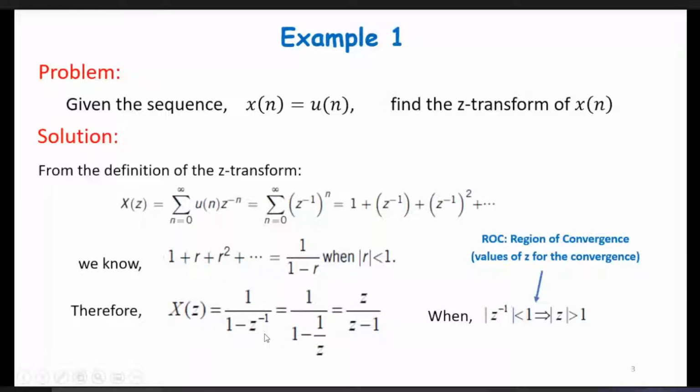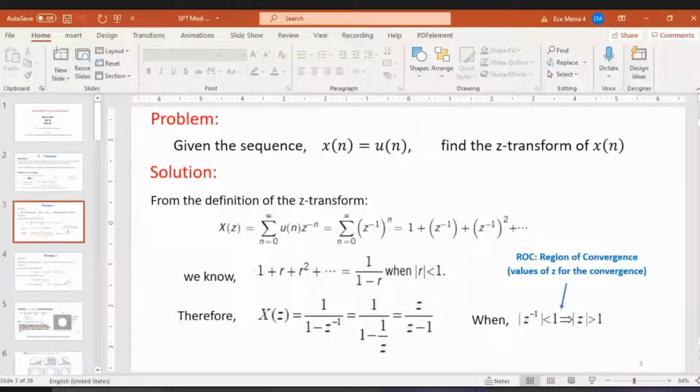Now this X(z) will be finite for what value of z? Can you tell? Sir, if z is not equal to 1, then it will be finite.